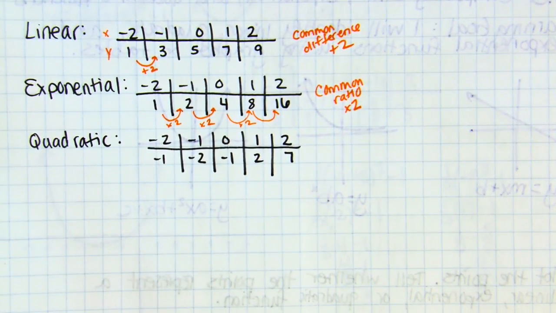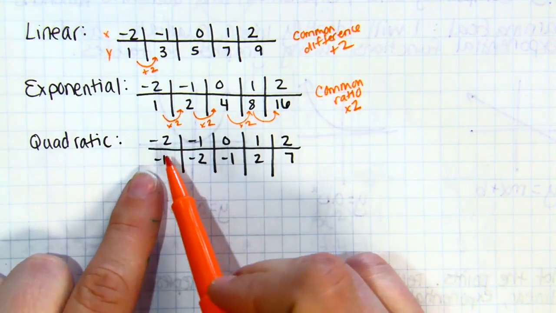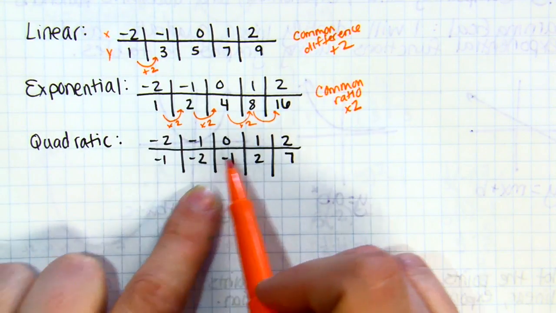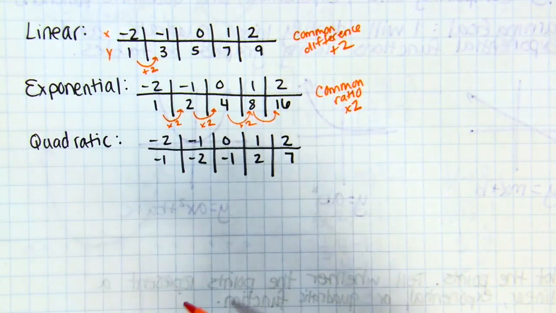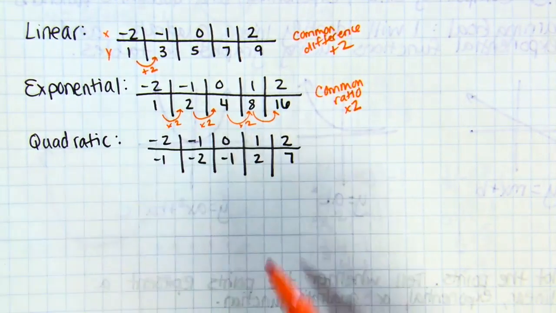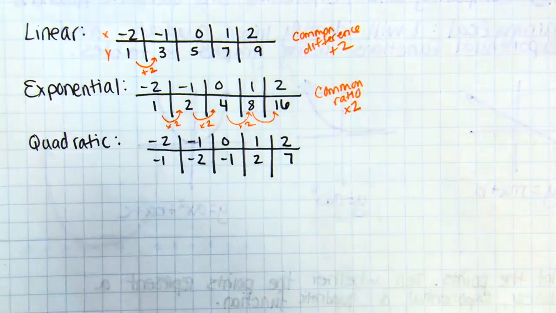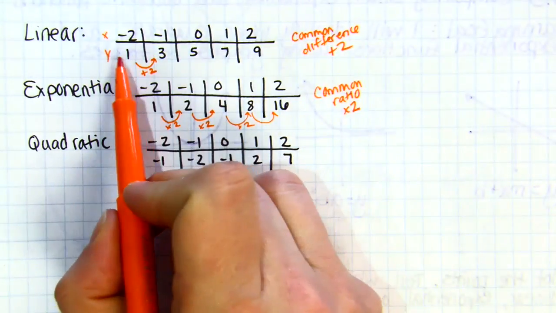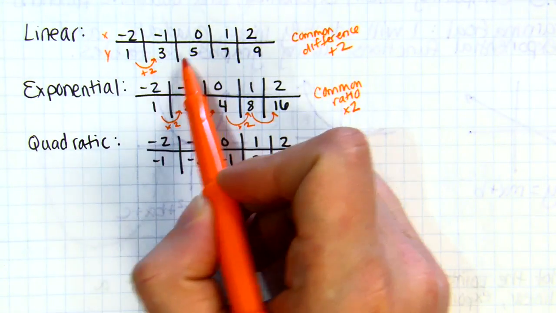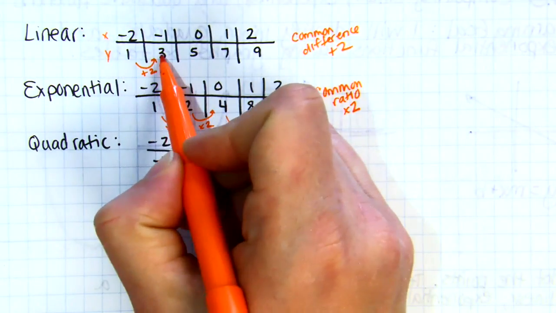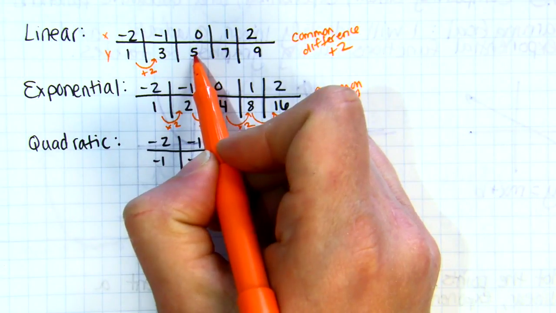Now let's look at our quadratic. One clue here is that I go from -1 to -2 back to -1. So it's like I'm going down and bouncing back up. So that's one indication that it might be quadratic. Another way to tell though is to look at the second difference. So up here we found that the first difference, the difference between 1 and 3, is 2. The difference between 3 and 5 is 2.